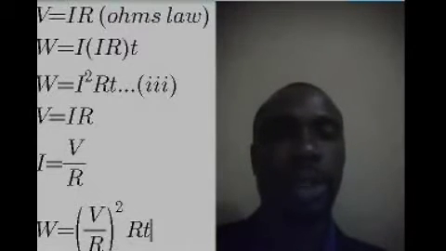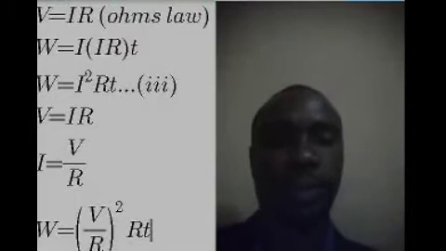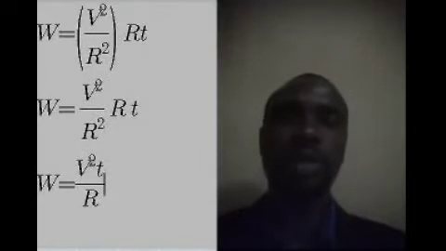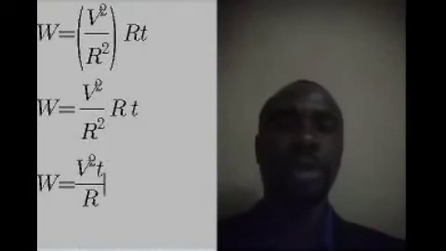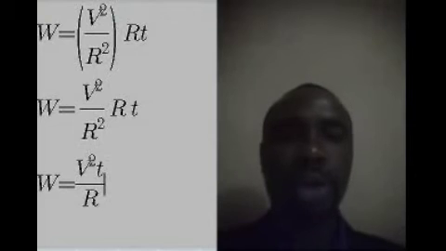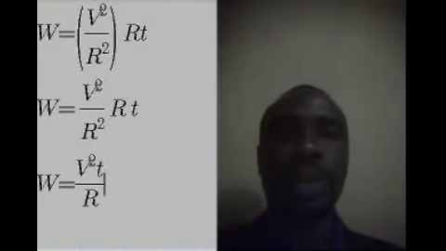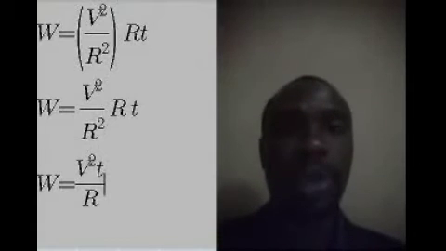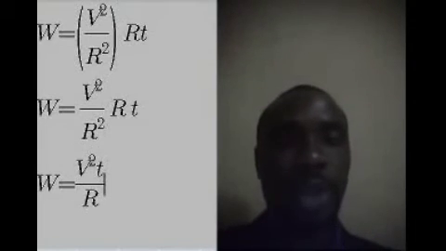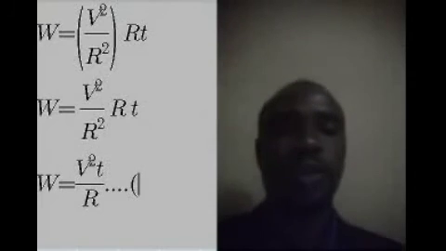Now let's break it down into smaller chunks and simplify. If we remove the bracket, we have V squared over R squared times R times T. If we cancel one R, we have R squared at the bottom and one R at the top, so we get W = V squared times T over R, which is our equation 4.